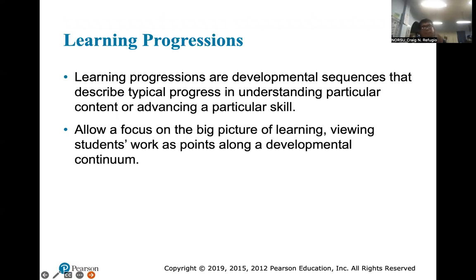Learning progressions. Learning progressions are developmental sequences that describe typical progress in understanding particular content or advancing a particular skill. They allow a focus on the big picture of learning, that's in the general perspective, viewing students' work as points along a developmental continuum.